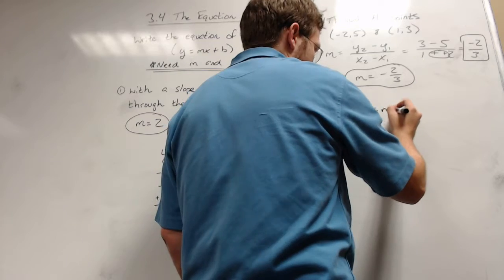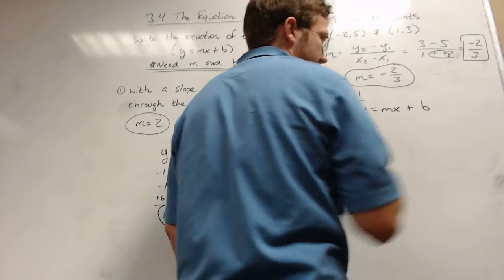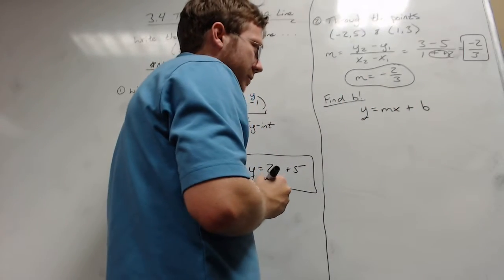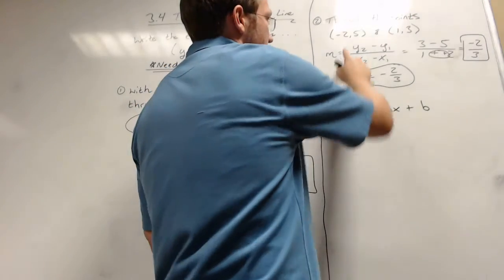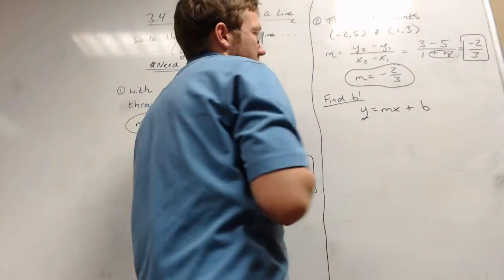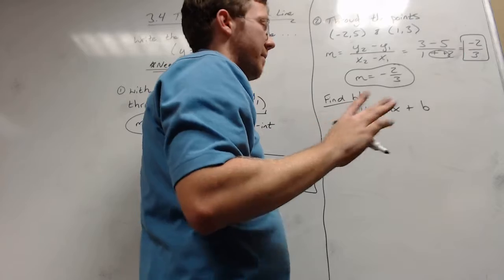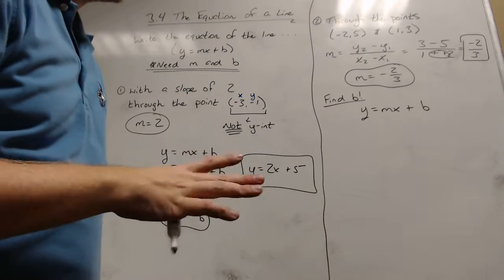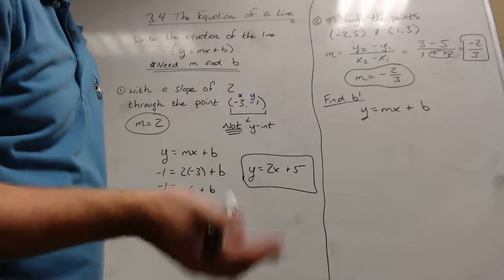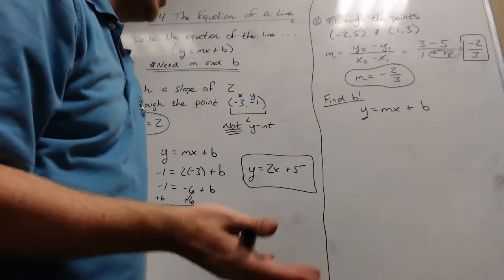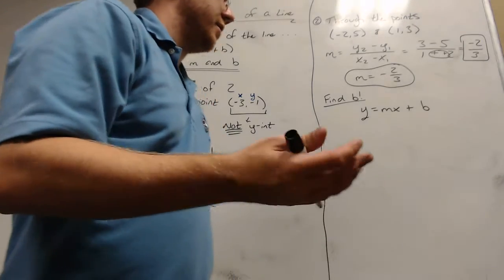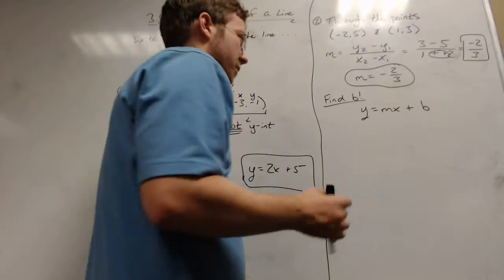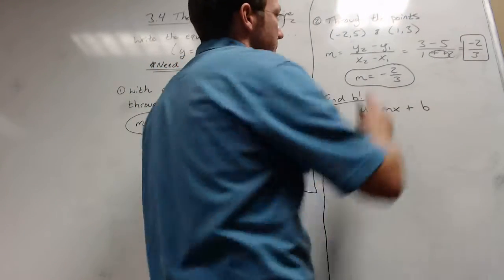y equals mx plus b. In this case, we have 2 points that were given to us, -2, 5, and 1, 3. It doesn't matter which point you use. Whichever one you would like to use is fine. I would probably choose the one that doesn't have any negatives in it if I could, or the least amount of negatives, just to avoid maybe a sign mistake. I'm going to choose 1, 3.